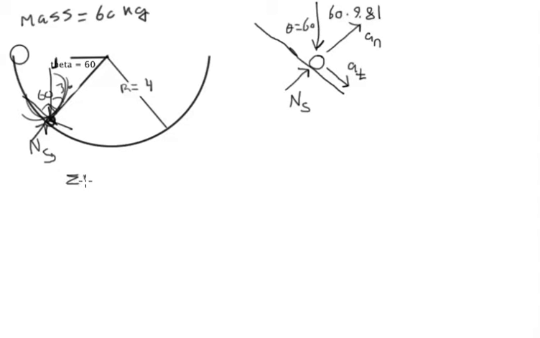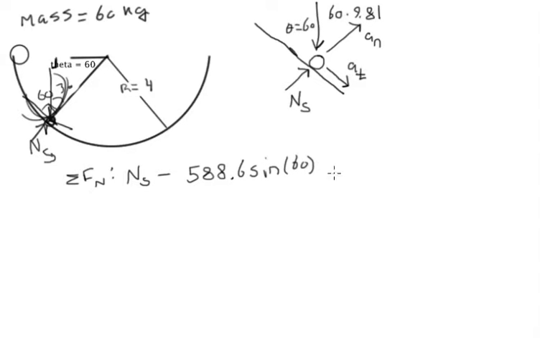So go ahead and sum up our forces here. Sum of the forces in the normal direction equals: we got this force, N sub s, which is considered positive, and then you're going to have the weight times the sine of 60, the component directed this way, so that'll be negative 9.81 times 60, 588.6 times the sine of 60 degrees.